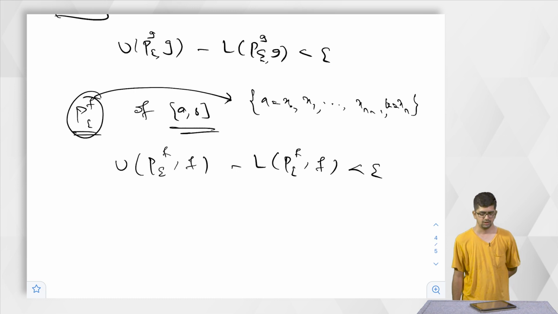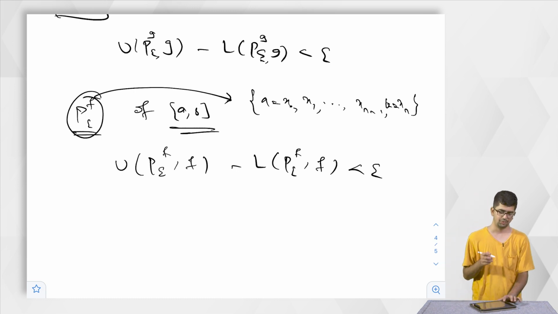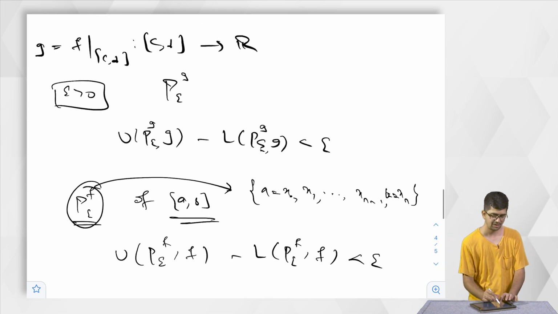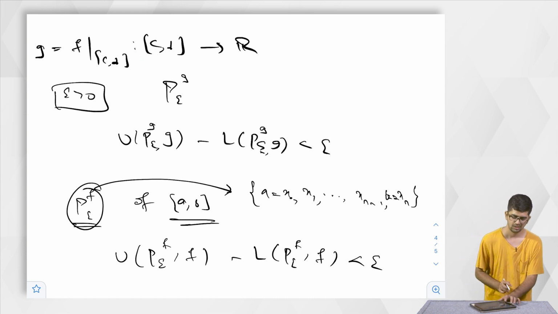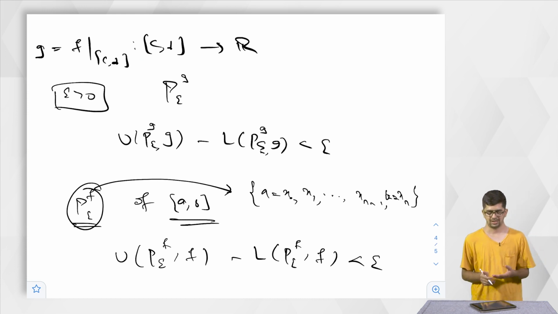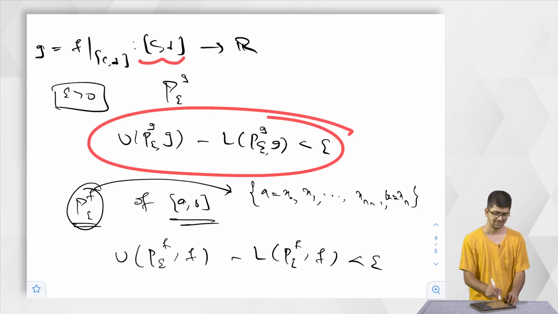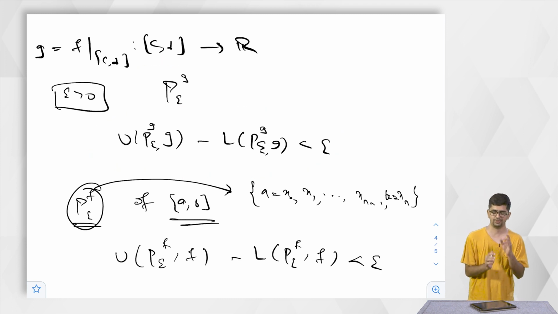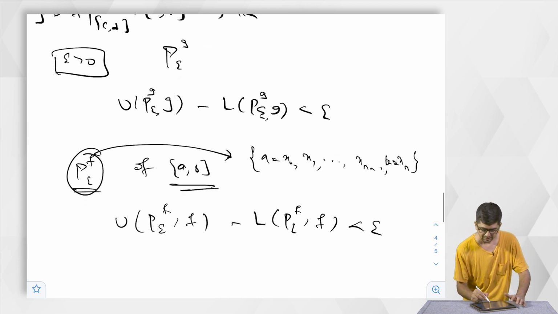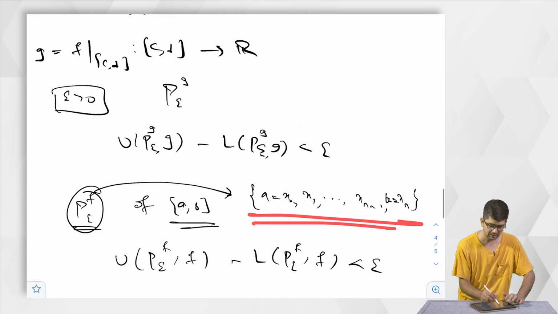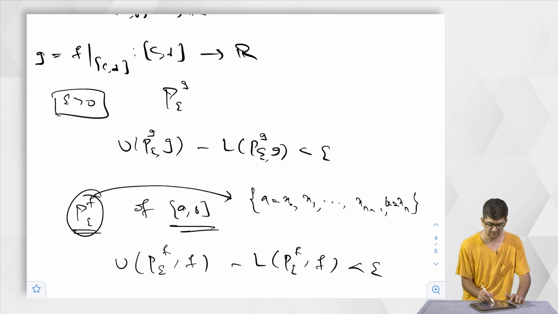Now suppose we are looking for a partition of c d, which means we are looking for some elements and hoping that for those elements of c comma d, this turns out to be true. That is what we are trying to see. Now this is the partition, and c comma d is a subset of this.